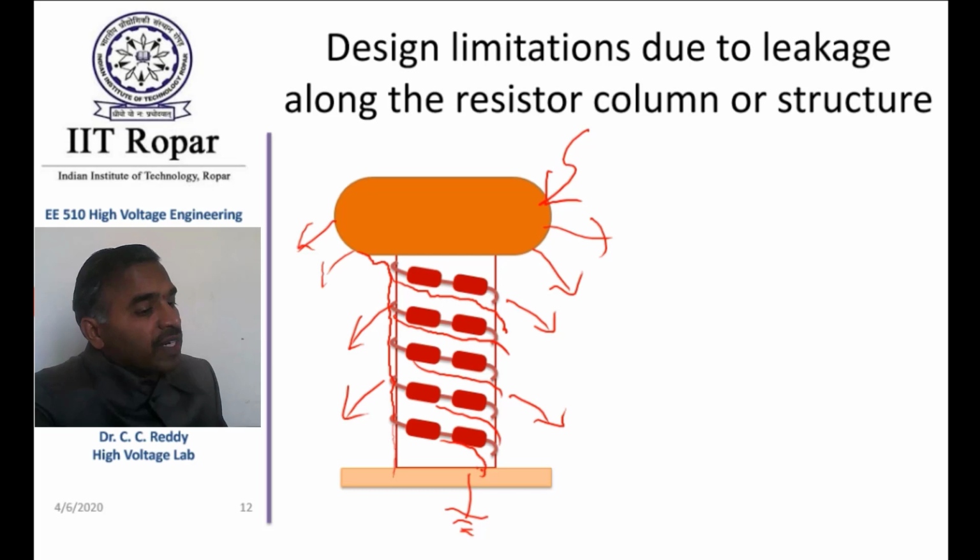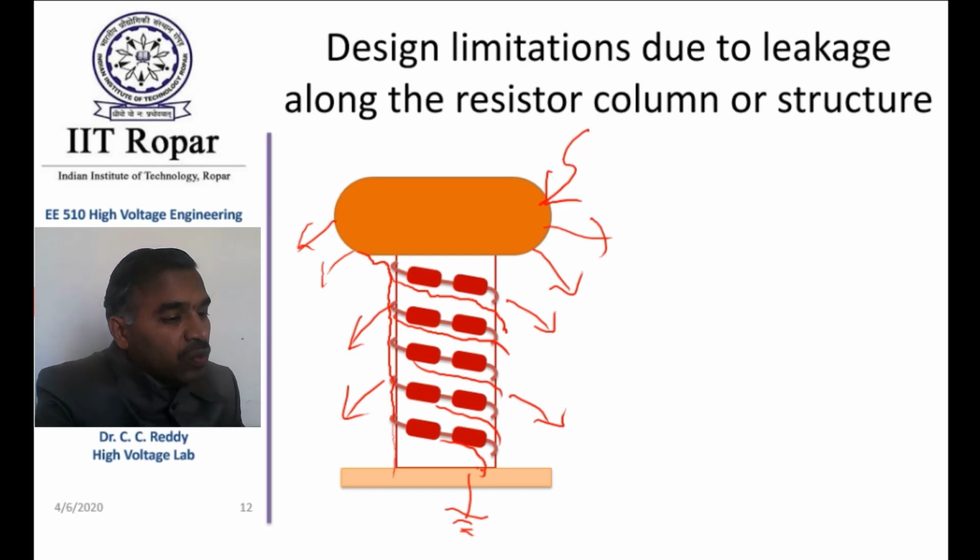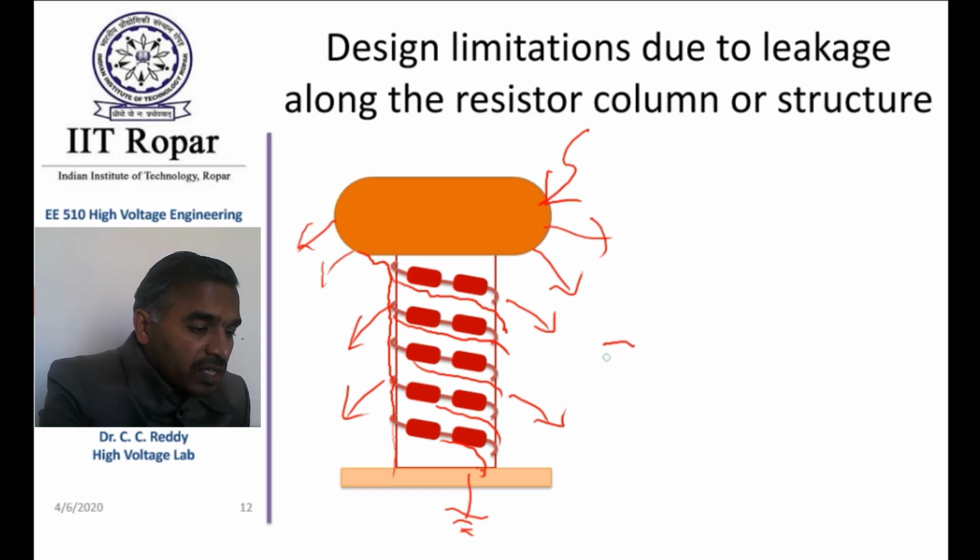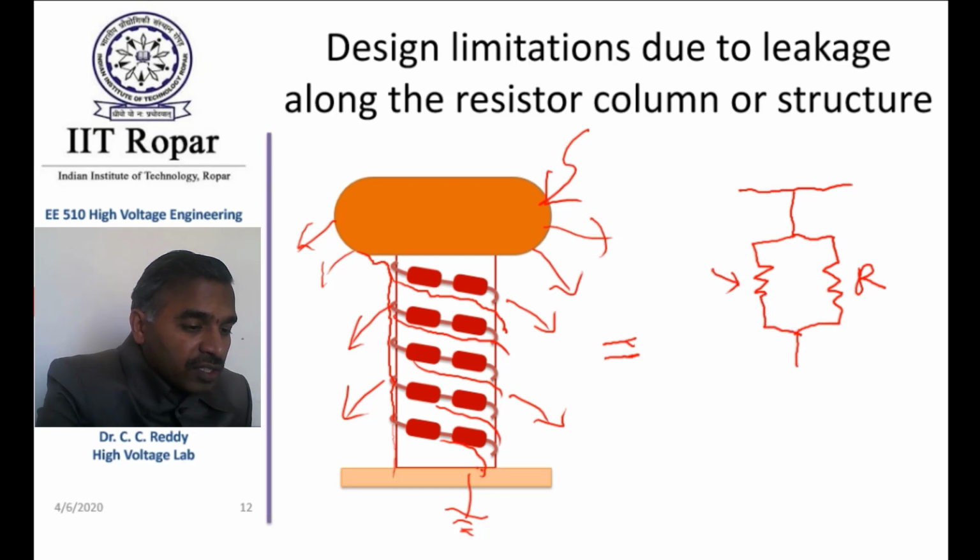Now, what is the effect of these currents and how will this affect the design? Let us understand the system when the leakage is there. If only resistances are considered, assume DC conditions. So you can approximate this structure using resistors: these are the resistors of the resistive column, the actual divider, and this is due to surface leakage or leakage along the structures.